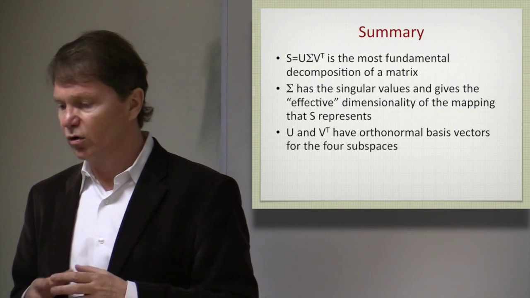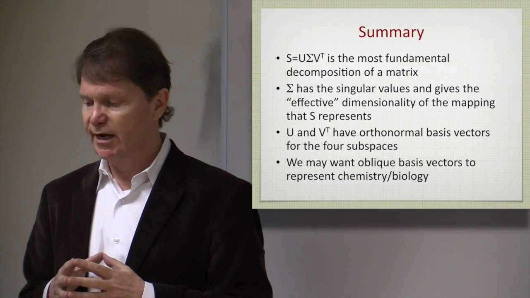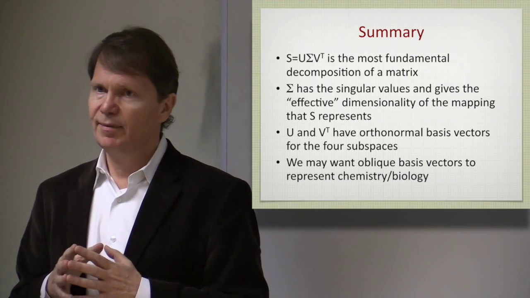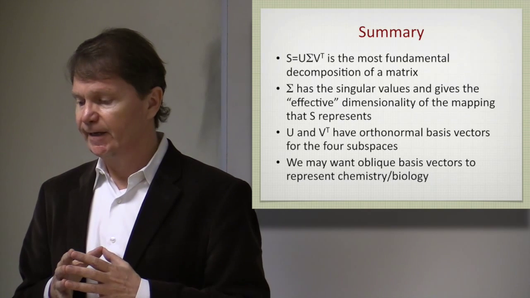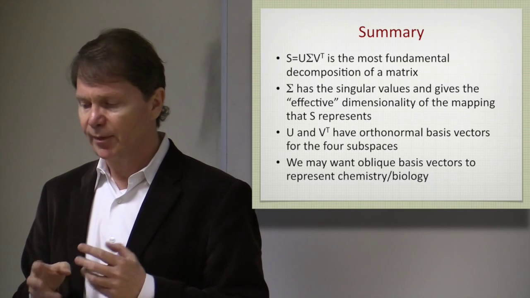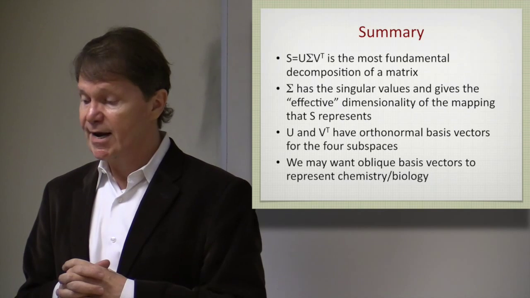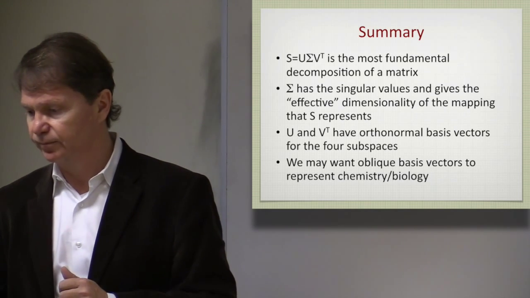The orthogonality of these basis vectors is mathematically satisfying and certainly very useful from a numerics standpoint, but they may not be useful from a biological standpoint and an interpretation standpoint of chemical properties and biological properties. And we will next time talk about such a set of basis vectors and how to deal with them.